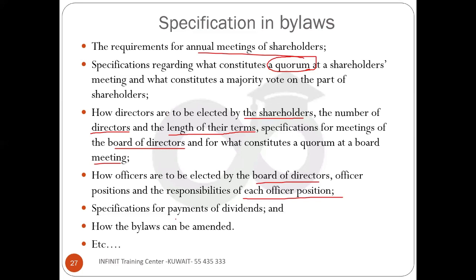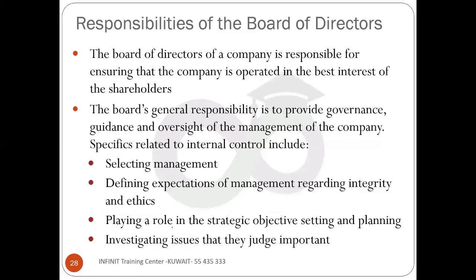And specification for payments of dividends: how will payments of dividends be made? Is it going to be a constant dollar amount or a constant percentage amount? Those things will be there, and how bylaws can be amended, and there can be a lot of other things also. These are some of the things you will find in the bylaws of the organization.